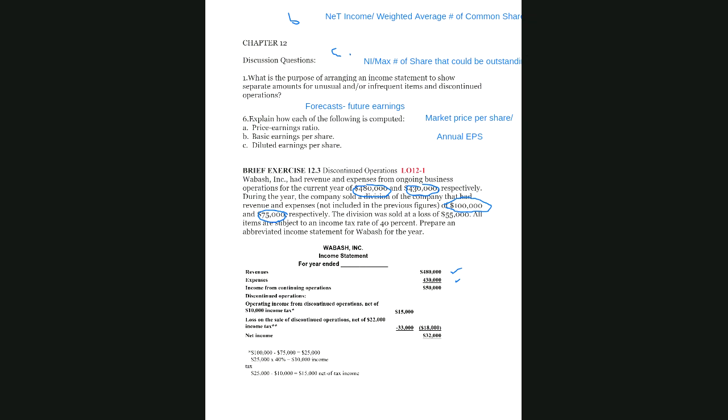Okay. In addition, remember the discontinued operations has to be shown net of the tax effect. So here the division was sold at a loss of $55,000. We know that that's a bit of information that also has to be reported separately.